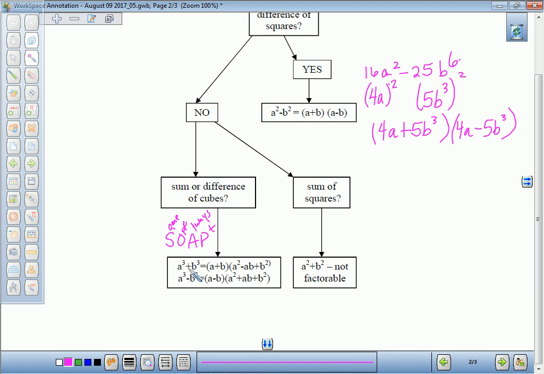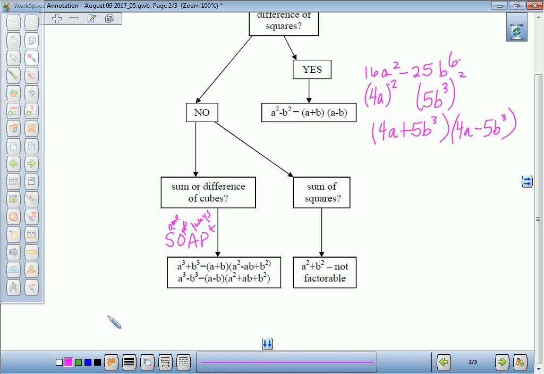Okay? And all that means is your signs, if this is a sum, same, opposite, always positive. If it's a difference, same, opposite, always positive. That helps you with your signs. So these are sums and differences of cubes. So if you notice, you have 2 terms, and it's either a sum or a difference of cubes. Both of these work the same way.